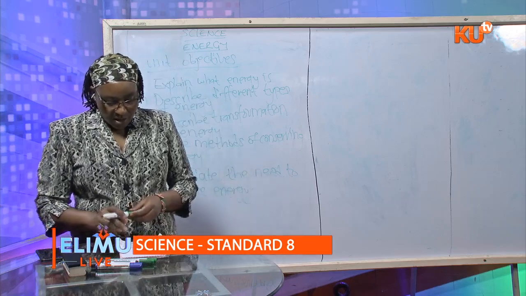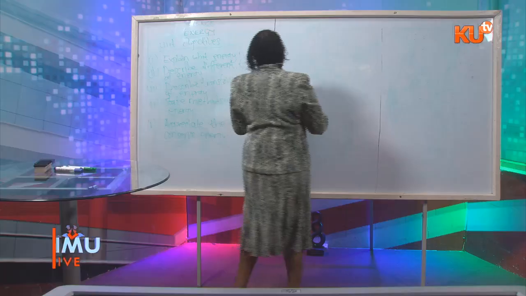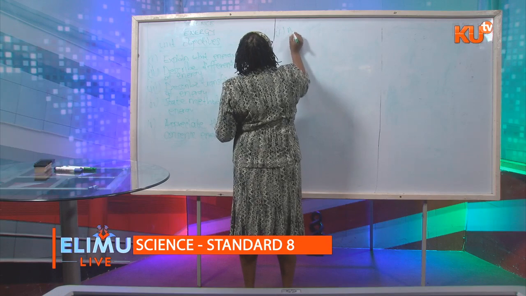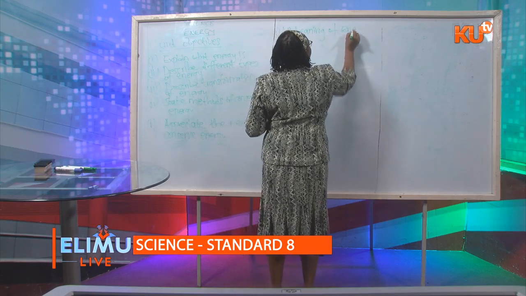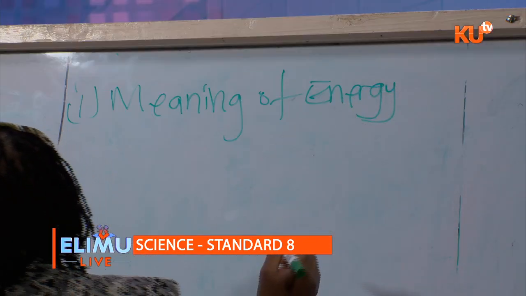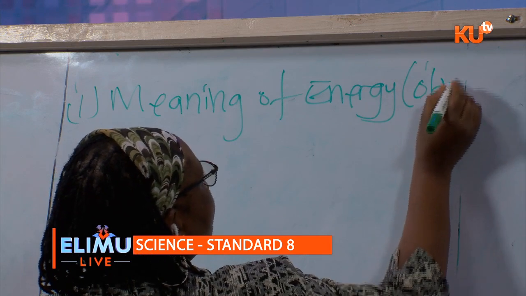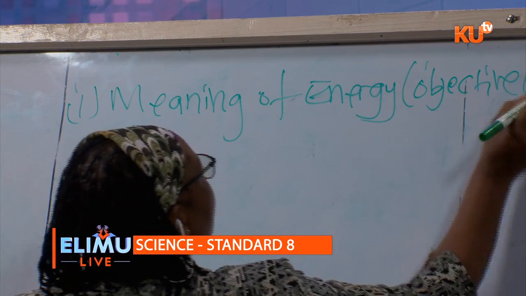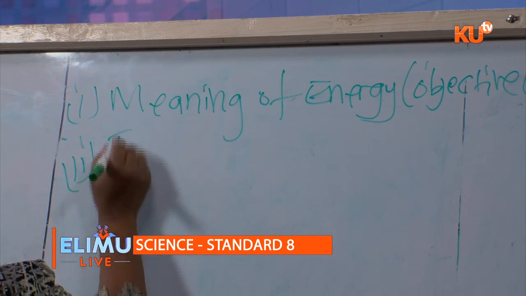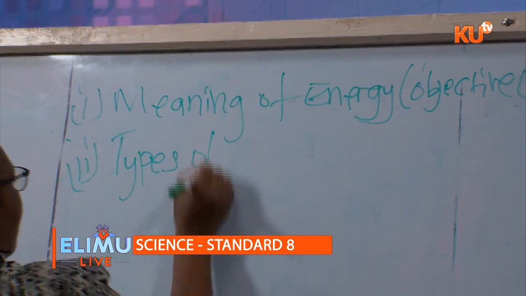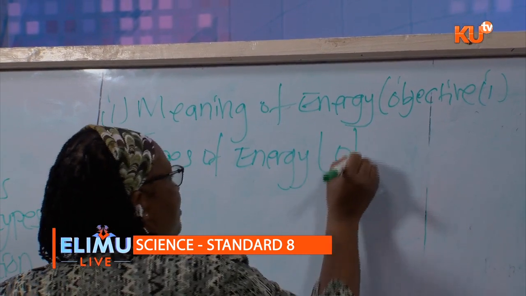Now, the subtopics of this topic are: 1, meaning of energy, and this is from objective 1. The second subtopic is types of energy, and this is from objective 2.